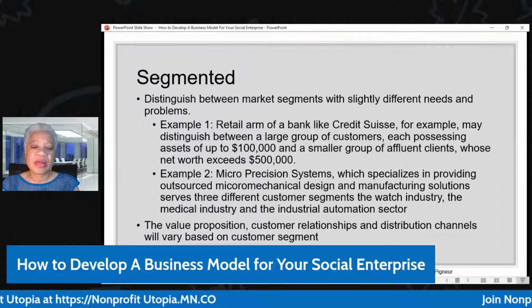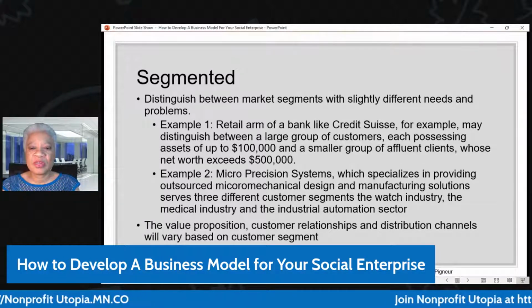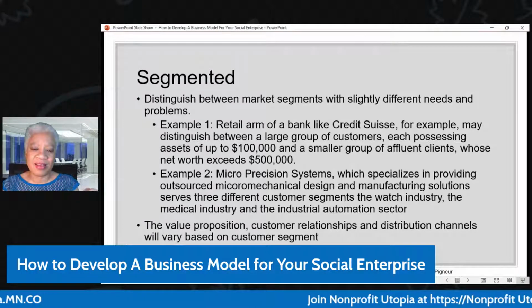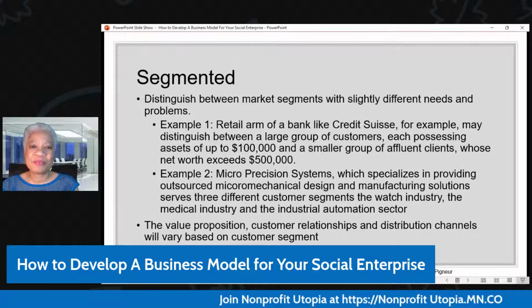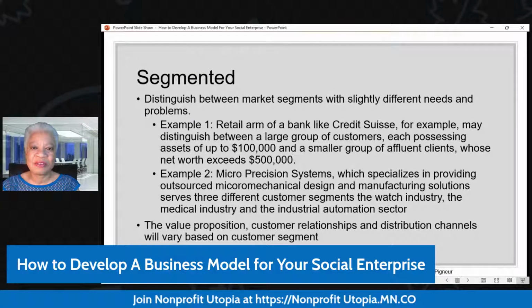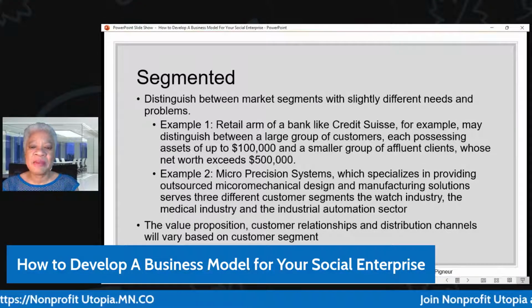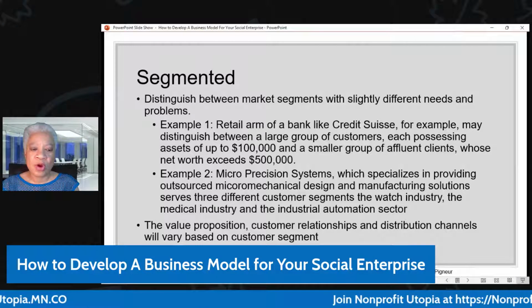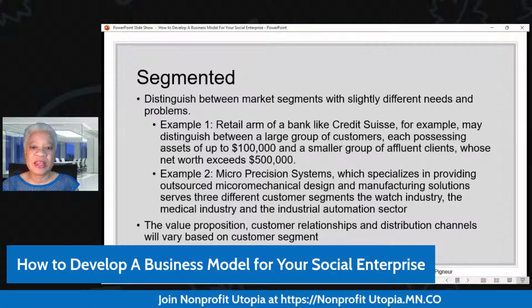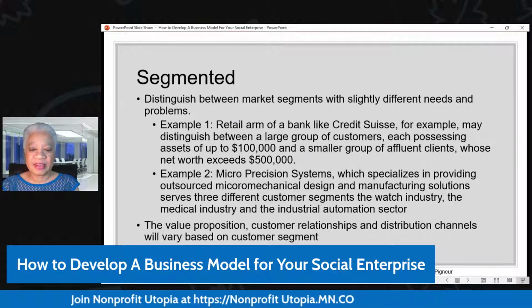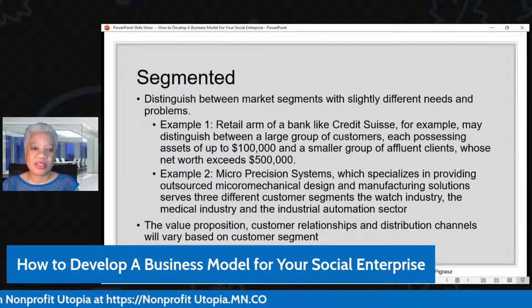Another example is Micro Precision Systems, which makes micromechanical products, right? So these are little parts to a watch, little parts to medical supply companies. So they have three major segments. One is the medical industry, the other is the industrial automation sector, and then the other one is the watch industry.